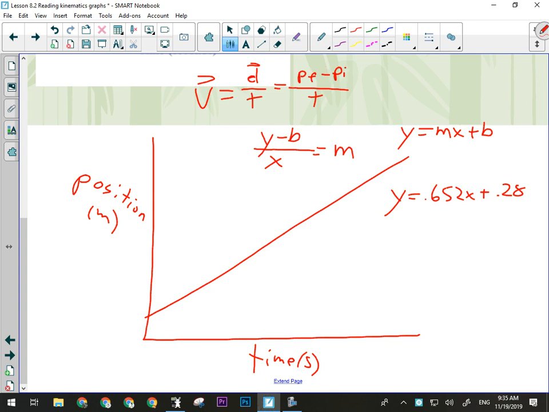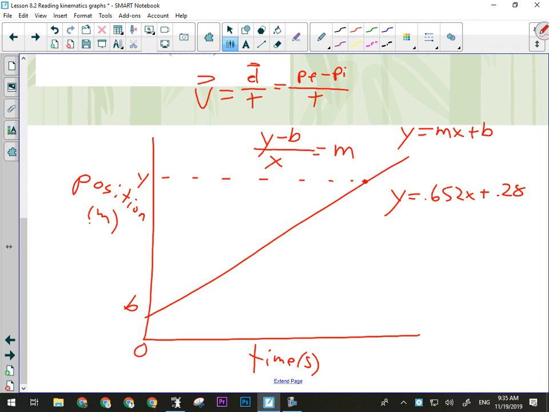Y values on this graph represent position. X values represent time. So when I take a y value, whatever it is, that would be my final position. So let's say I'm using this spot right here. That would be my y value. And b is my initial position. It's the position at time 0.